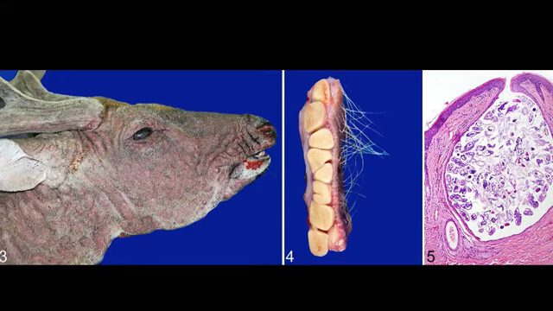And you can see that there is sort of a diffuse alopecia, some erythema and scaliness and swelling of the skin here. And on cross-section, the hair follicles are markedly dilated by the presence of large numbers of Demodectic mites.